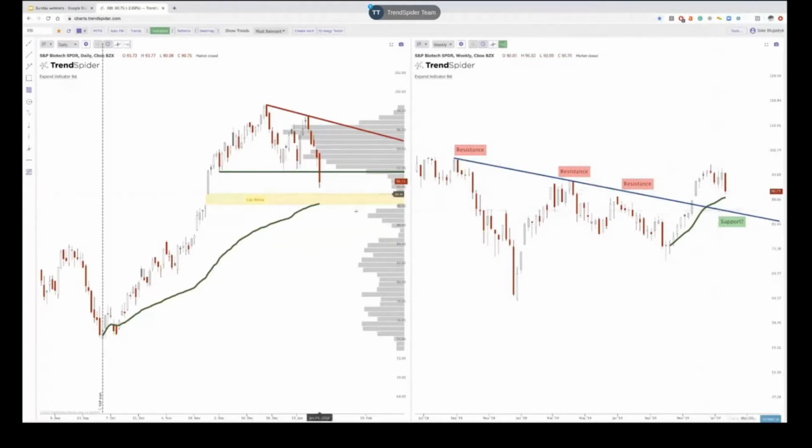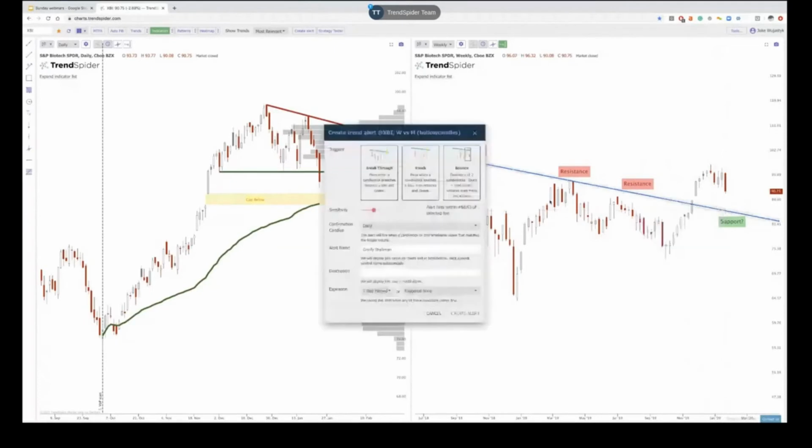So same thing, I'm just going to turn the anchored VWAP off and simply create an alert on this lower line. So if we do really tank, I will know anytime we get within this general area. Everyone's going to have a different level of sensitivity. I don't want it to be too sensitive, but I do want it to capture some of this gap here.